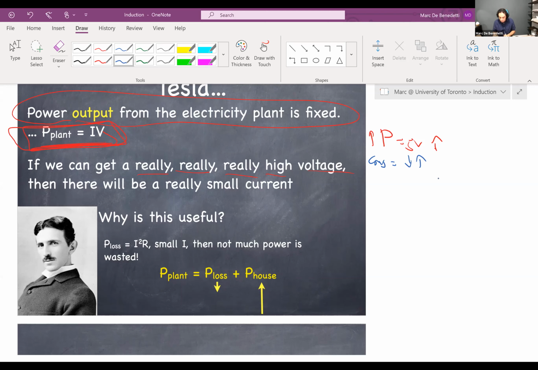Now, why is this useful? Well, if you look at the power loss in the wires as it's being delivered to your house, then that's going to be given by I squared times R. So if there's a way in which you can manipulate the current to be super low, then, and only then, can you minimize how much heat you lose due to current delivering to the houses.